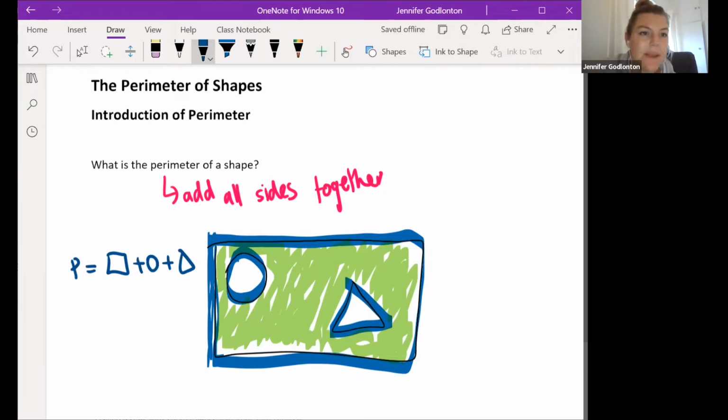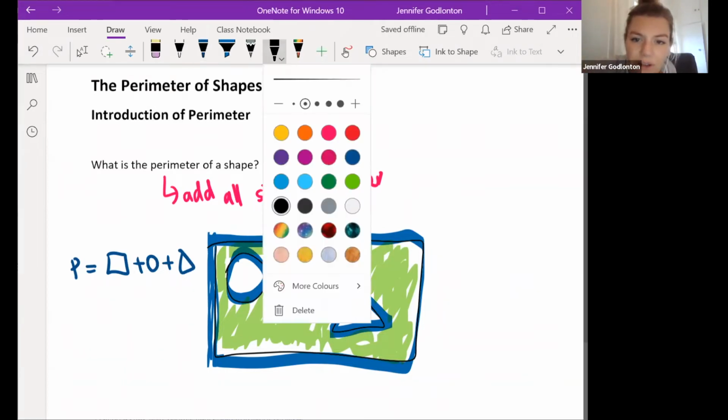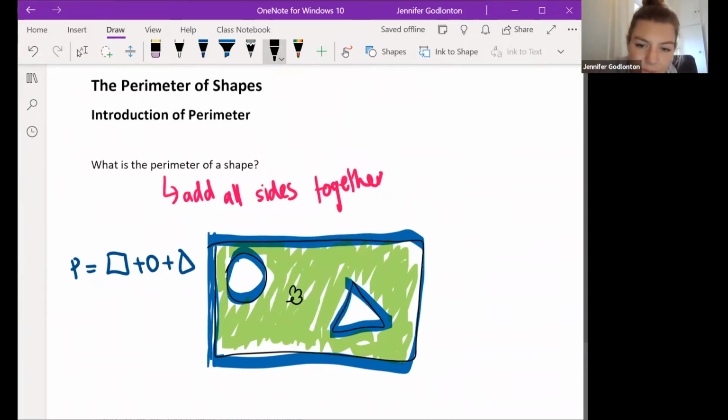Exactly. Okay. So when we think about perimeter, imagine that this green area here was grass, and inside on that grass, we've got little sheep that are just chilling. So there's a sheep and there's another sheep, and they are just chilling all over in this green area. And I'm wanting to build a fence to make sure that my sheep only are on that green area.